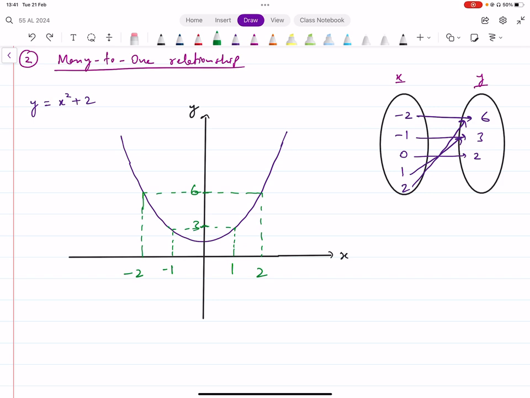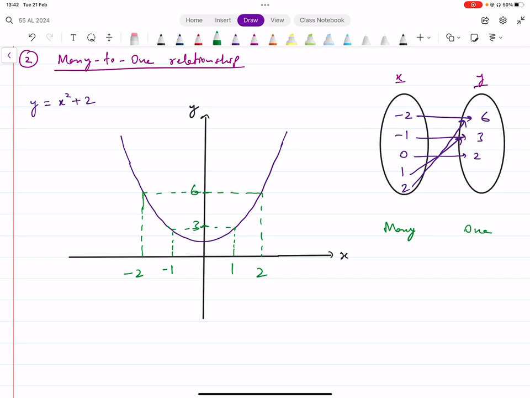So you can say many values of x can give you one value of y. Multiple x are giving you a single y. That's why it's called a many to one relationship. You can have multiple inputs, and multiple inputs can give you one output. This is a many to one relationship. Is that okay?